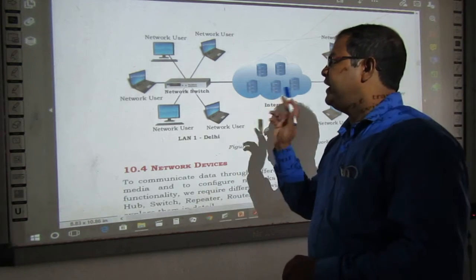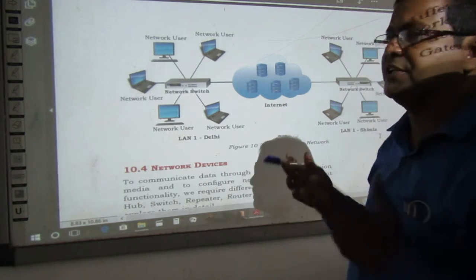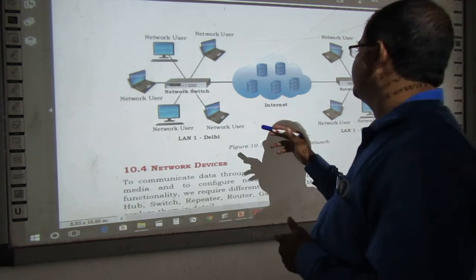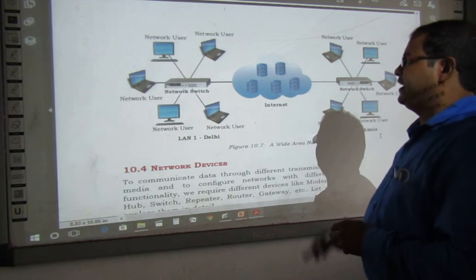Whenever we are making some MAN, metropolitan area network, we should use different network switches, and the different network switches are interconnected with the internet.